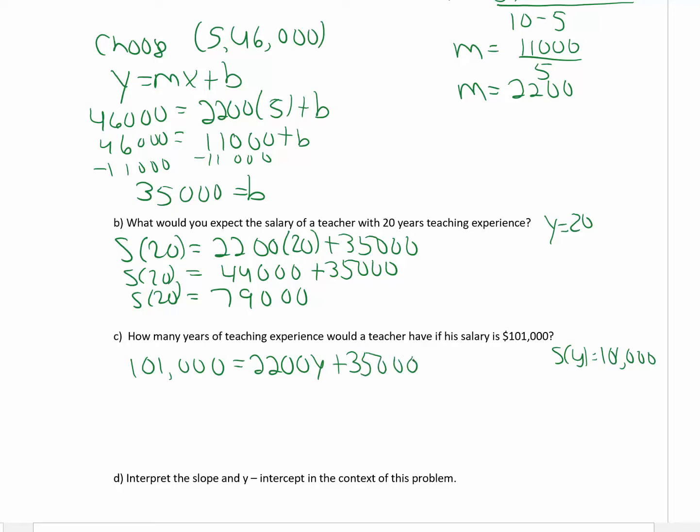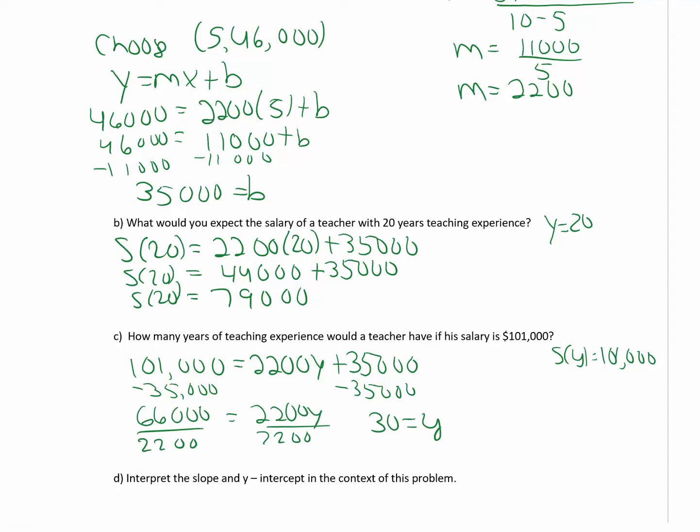And we want to solve the equation for Y. So in this case, we would expect a teacher to have 30 years of teaching experience in order to get this salary of $101,000. So what I would do right now is pause the video and I would write a sentence that describes both situations in part B and in part C.